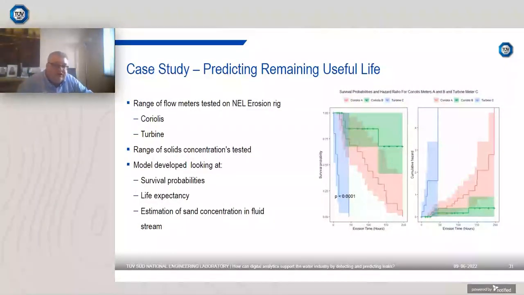Another system that we've looked at is the flow meter useful life in an erosive atmosphere. In hydrocarbon recovery, it's inevitable that sand will be present within the fluid passing through flow meters. Under such conditions, the meter's internal components will be eroded away and critical parts may also be damaged.